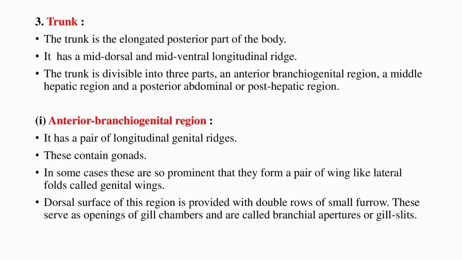It has a pair of longitudinal genital ridges. These contain gonads. In some cases, these are so prominent that they form a pair of wing-like lateral folds called genital wings. Dorsal surface of this region is provided with double rows of small furrows. These serve as openings of gill chambers and are called branchial apertures or gill slits.